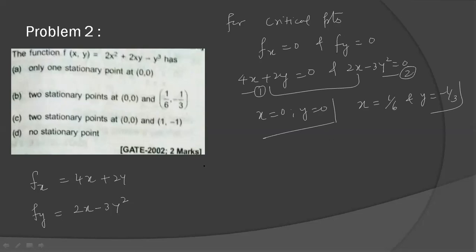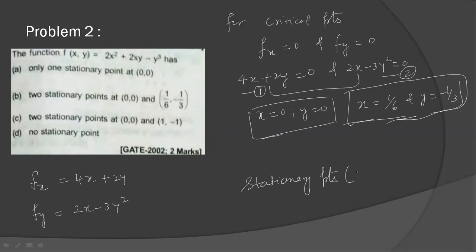But are these stationary points or not? Actually, these are critical points. These are stationary points. Both of these are stationary points. If some of these stationary points do not have maxima and minima, then that stationary point becomes a saddle point. All are stationary points.